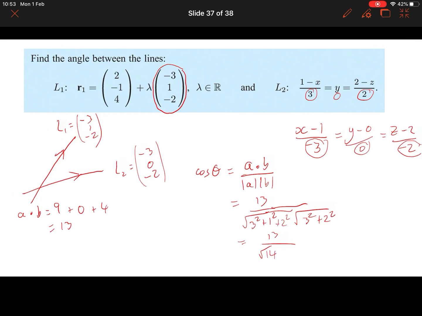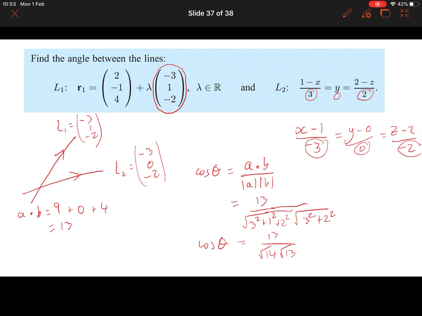So it's going to be 13 over root 14, and 9 plus 4 is root 13. Okay, so that's what cosine of your angle is.